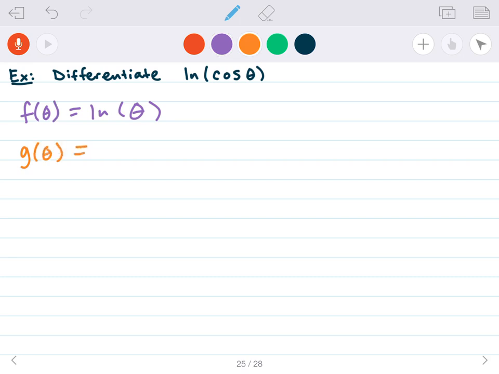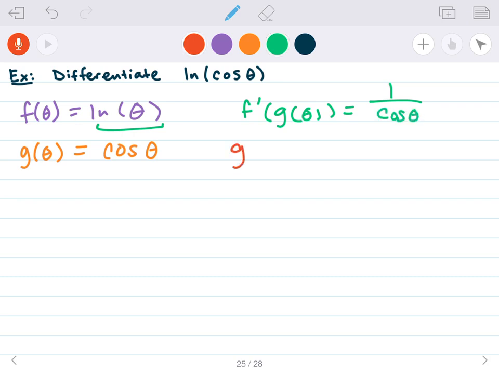So g is going to be that inner function. And for the chain rule, I need f prime of g. Now f prime, ln, is just going to be 1 over theta. But instead of theta, I'm putting cosine, because that's what g is. All right. Then g prime, derivative of cosine is negative sine.